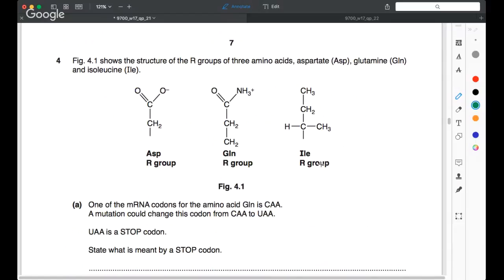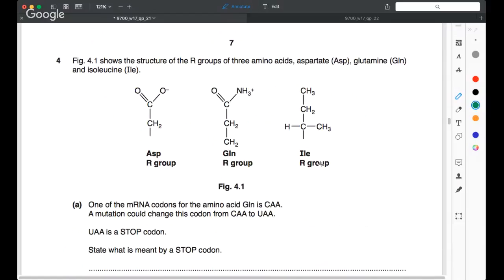So ASP and GLN can both form hydrogen bonds with water. And the third one can't. Why can't the third one? Because it doesn't contain any polar bonds. So what kind of molecule is it? Yeah, it's non-polar. Good. So you've got the marks.